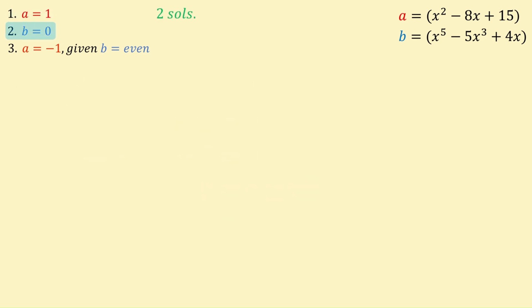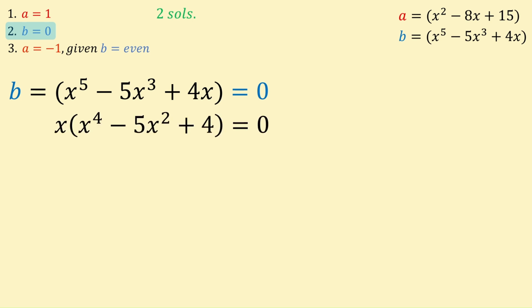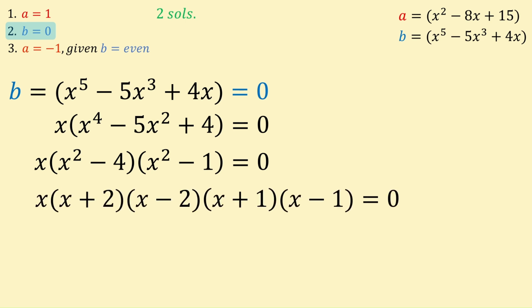Next, when looking at when b is 0, that is when x to the 5 minus 5x cubed plus 4x is 0, we can factorize out the common x between all terms. x to the 4 minus 5x squared plus 4 can be factorized into (x squared minus 4) and (x squared minus 1). Each of these brackets can be separated further by the difference of two squares to give in total x, (x plus 2), (x minus 2), (x plus 1), (x minus 1) is equal to 0.